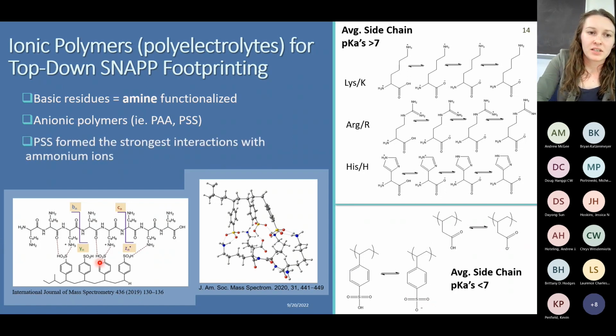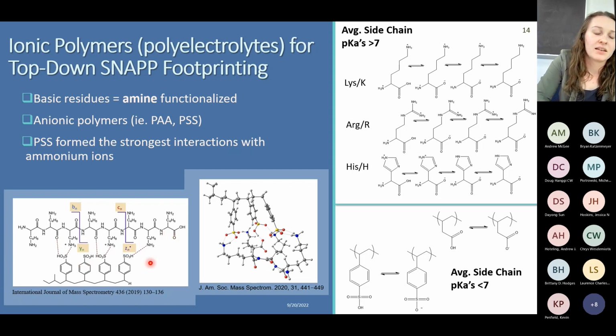As I said, this has already been shown from our group to form strong interactions with polypeptides. A paper here shows that polystyrene sulfonate and polylysines were able to form compact, charged structures that were more densely packed and stronger than the competing polyelectrolytes that were chosen.